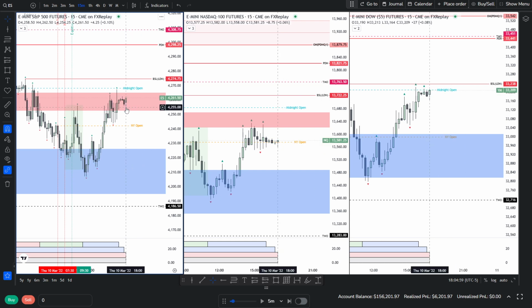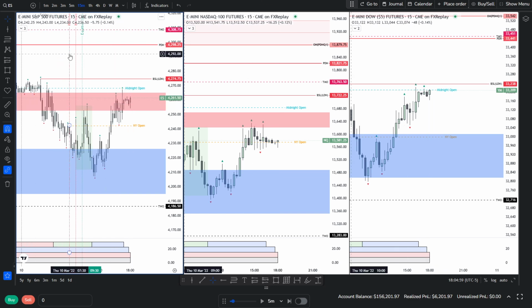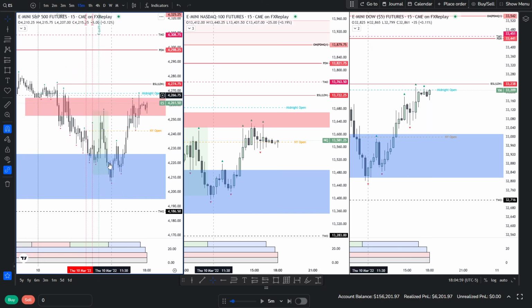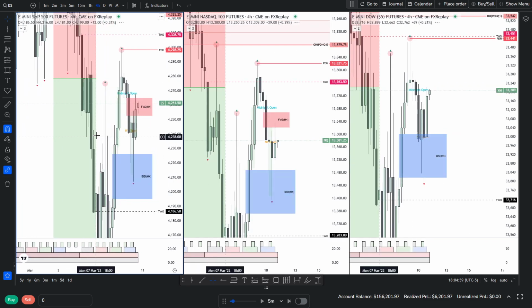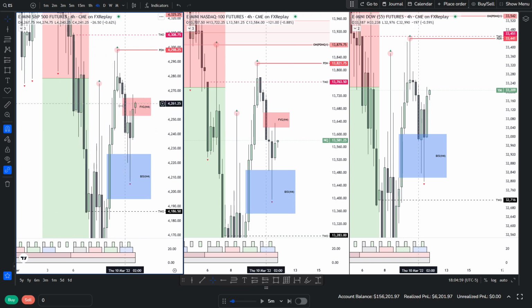Okay, and so that's the end of that. There's absolutely nothing to report on that day, as far as I'm concerned, in terms of different models. We found support here. We haven't violated yet, but to me, it's looking increasingly likely. That's the 6 o'clock candle.